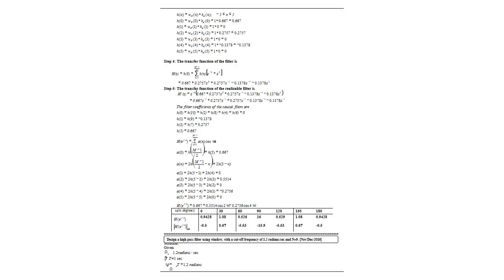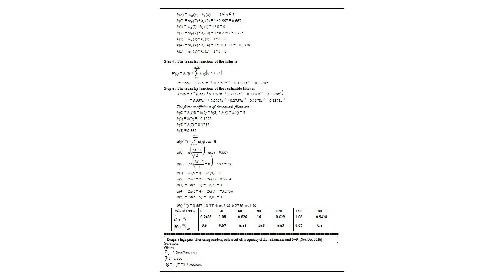So here is the problem: we have already continued, we have to find out the window method. For this window method we have used this formula. Here is another problem. For the window method, the first step is to find the filter formation. Then we have to find the h of n value.